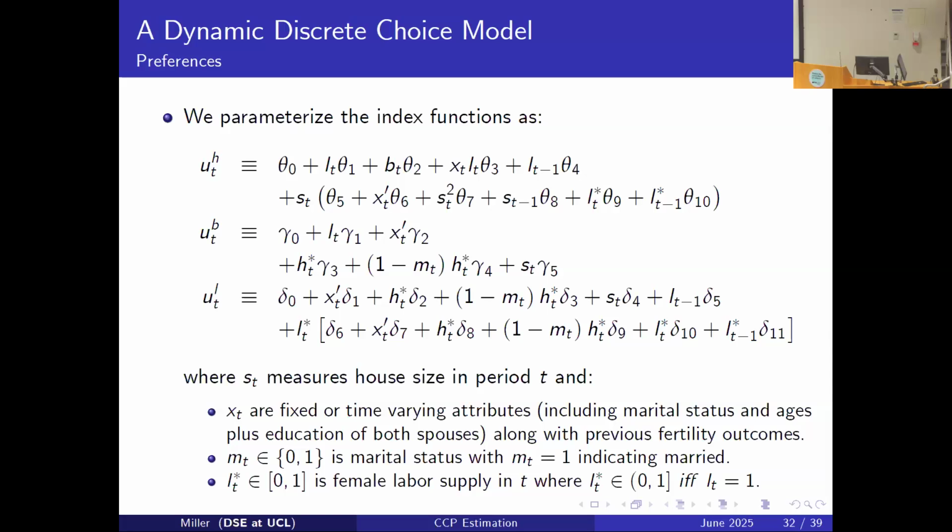And then on this side, we're talking about, well, even things like, are you married or not? We're not making marital status a choice, but we are letting it vary as a stochastic process, okay?